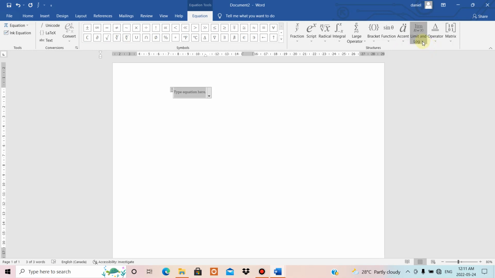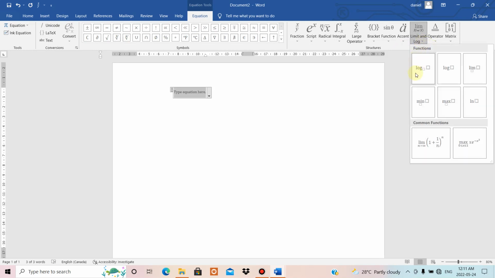We navigate to Limit and Log. You have logarithm with empty boxes. When you have a logarithm function like log base 2 of 5, you can use this expression to type that. This is a logarithm with no base.